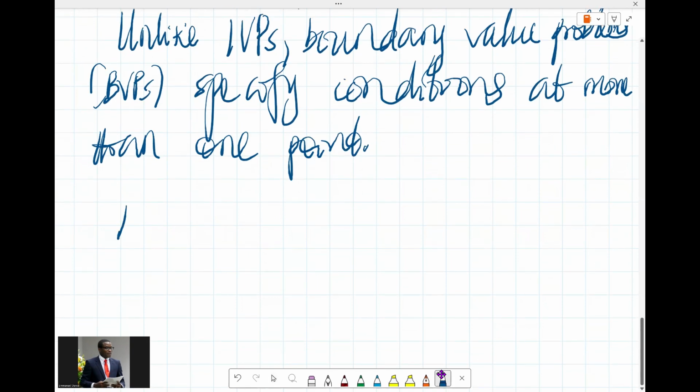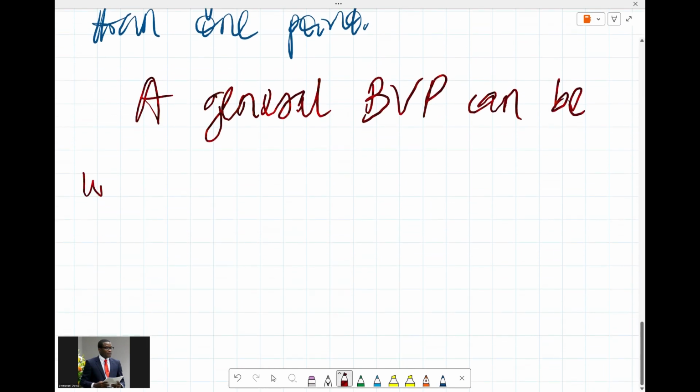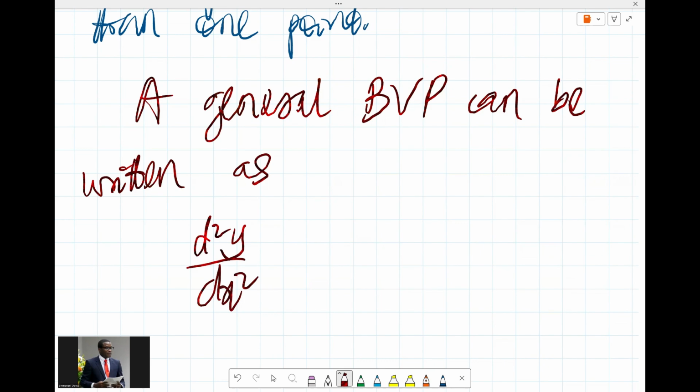So a general boundary value problem can be written like this. You have d squared y dx squared equals g of x, y, and y prime.